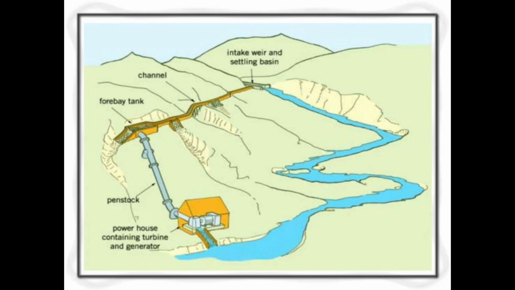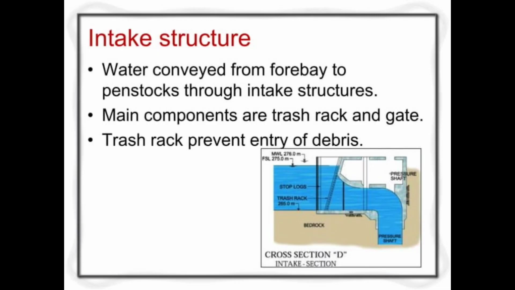This diagram explains a little bit more about the intake weir and settling basin, channel, forebay tank, penstock, powerhouse, and again the water is sent to the normal river.